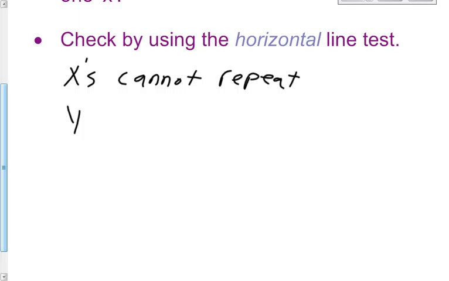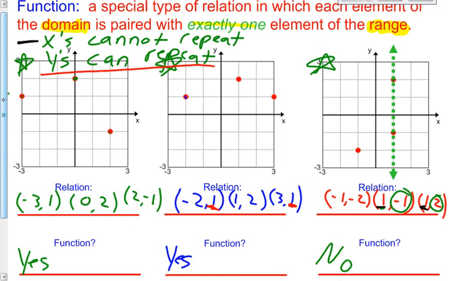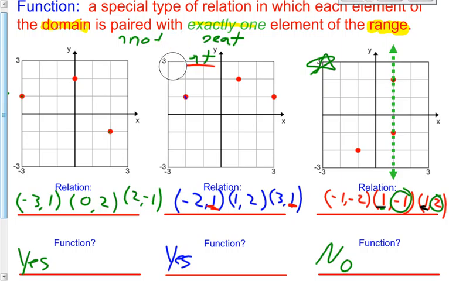And this one, the y's also cannot repeat. So for it to be a one-to-one function, it has to pass both the vertical and the horizontal line test. So when I go back here, I hope this is okay with you guys. I'm going to erase some of my mess up here so that it's a little bit less confusing.